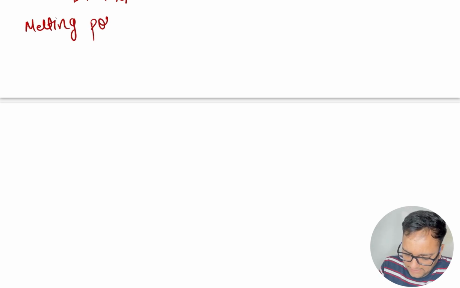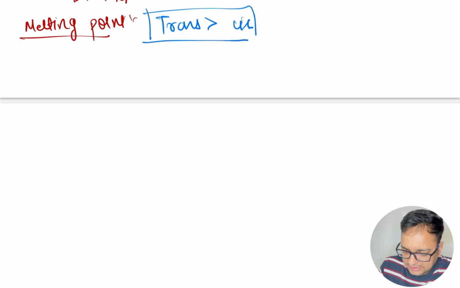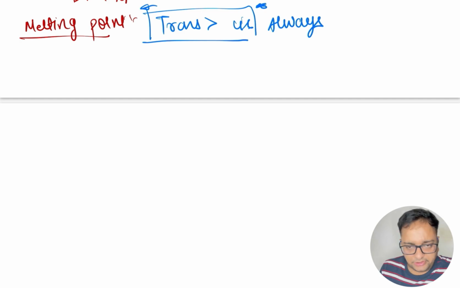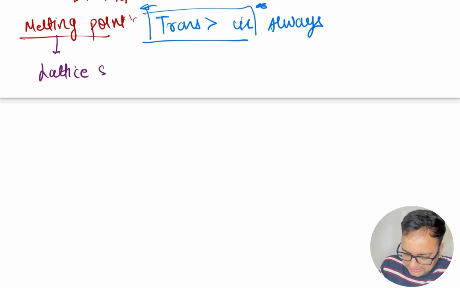But what about melting point? This is very important. Melting point of trans will always be greater than cis. Always. Whether it is boiling point or dipole moment, it doesn't affect that, because melting point depends on lattice structure.